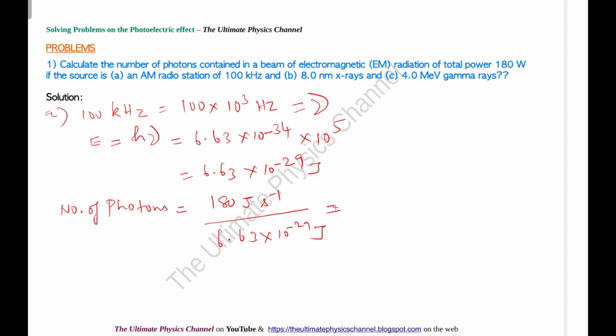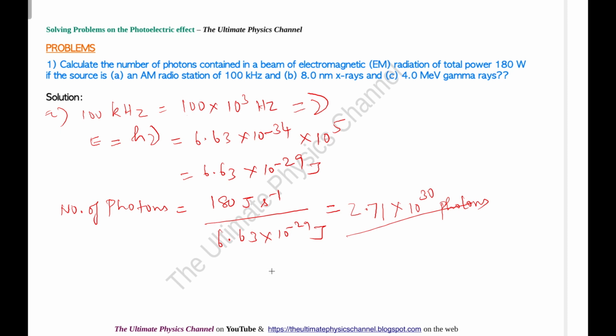That should give us the number of photons in this case. So that is going to be 2.71, and this is the final answer for the number of photons in this case: 2.71 into 10 power plus 30.